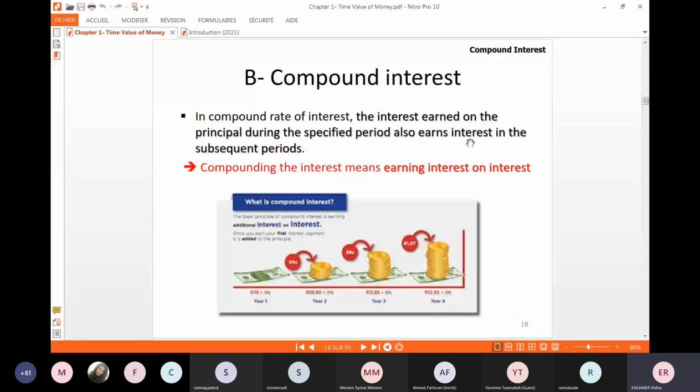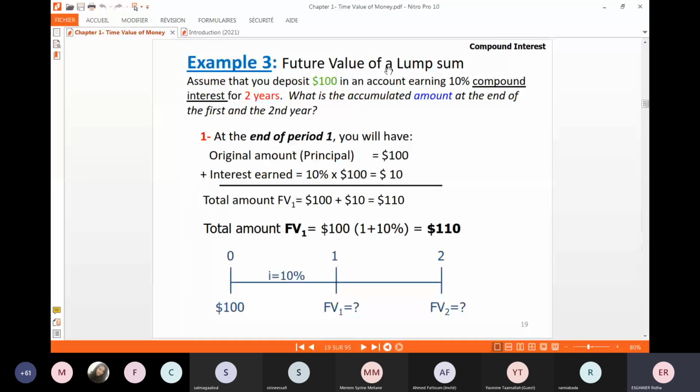For example, if we invest $100 today in an account that pays 10% compound interest for 2 years, 1 year from now, the amount invested is 100. On this 100, we will compute the interest on the basis of all the amount available in the account.